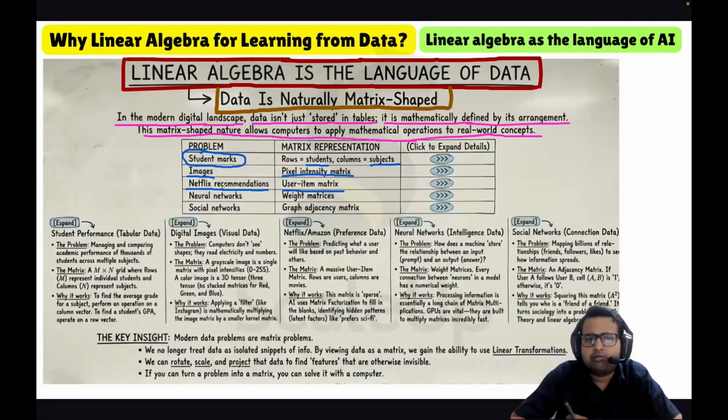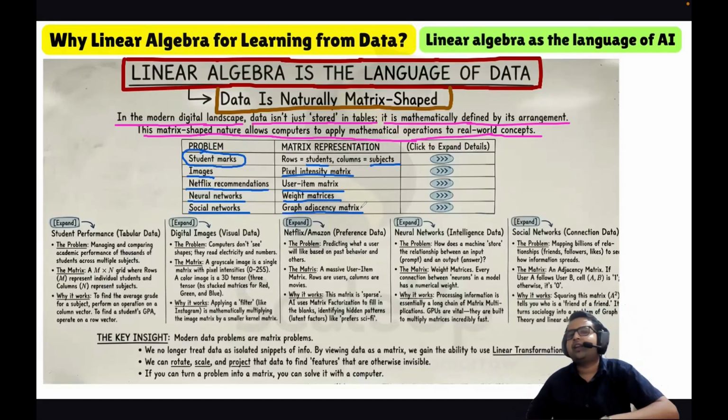We can represent neural networks in the form of weight matrices, and social networks using something called graph adjacency matrices. So now it's very clear that data is naturally matrix shaped. Any sort of problem you talk about, you can represent it in the form of a matrix.